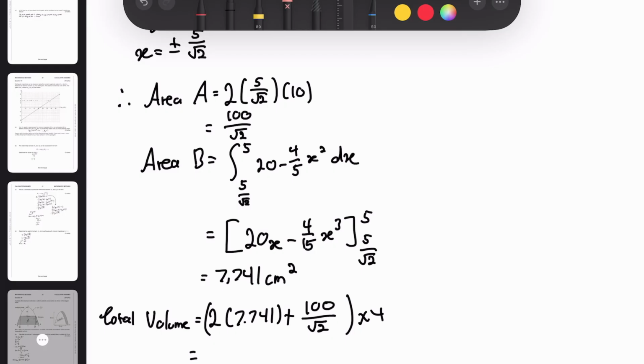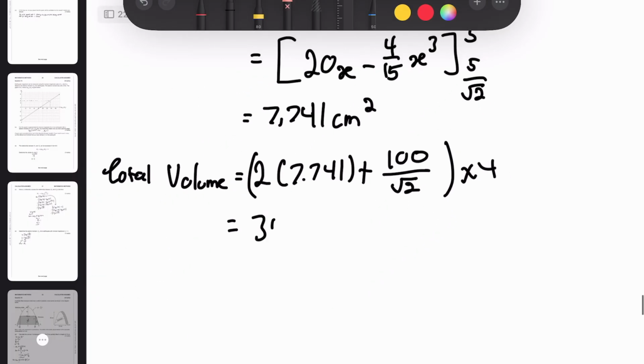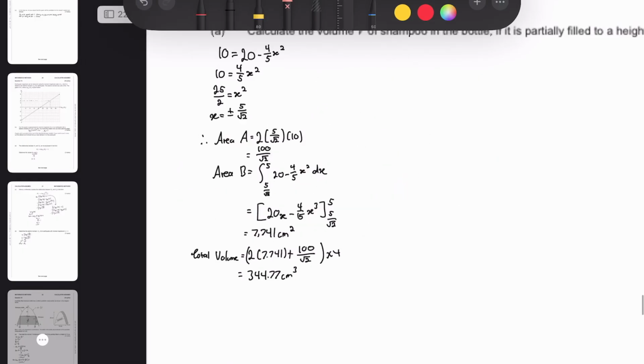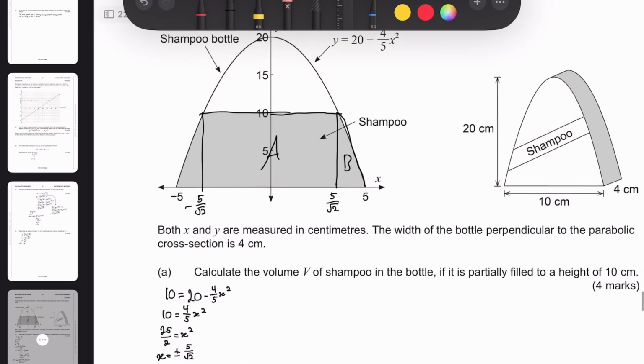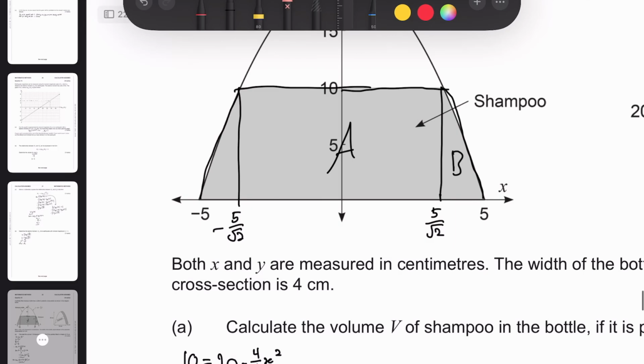So 2 times 7.741 plus 100 divided by square root of 2. Then we want to multiply this all by 4. So we get about 344.7 centimeters cubed. Alright. We multiply B because obviously we have this symmetric side on the other side too.